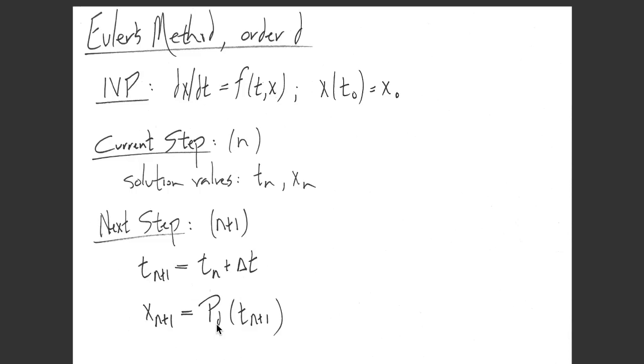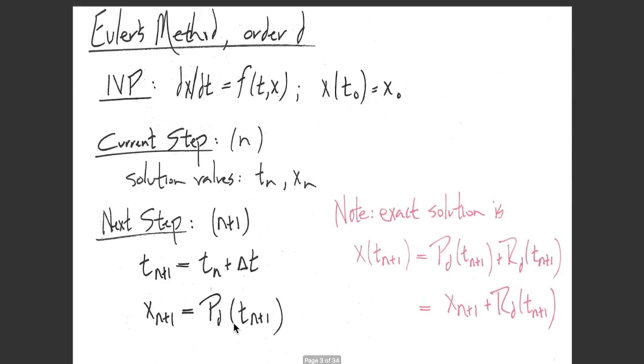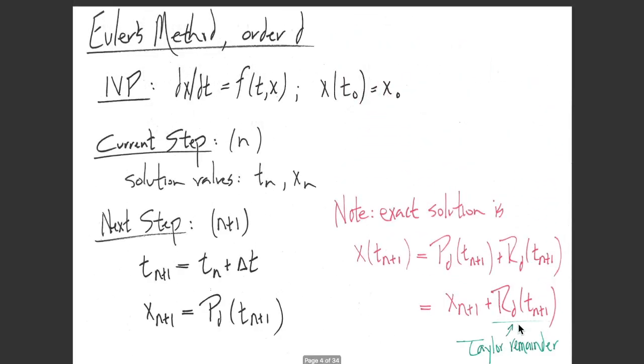So there is some error in this because we're using the Taylor polynomial, which is an approximation for the exact solution, right? The exact solution, which we can just call x, evaluated at time t sub n plus 1, would be from Taylor's theorem that Taylor polynomial plus the remainder term. So that's what my r here represents, the Taylor remainder term. The value of the Taylor polynomial at Tn plus 1 is, of course, just Xn plus 1. That's how we do our projection.